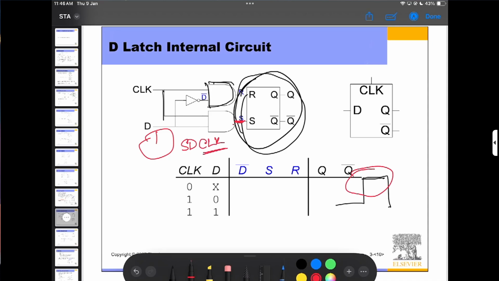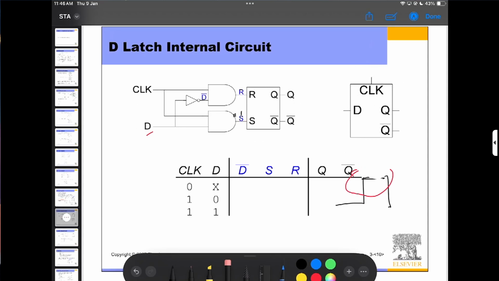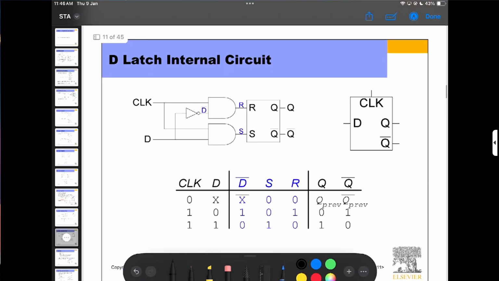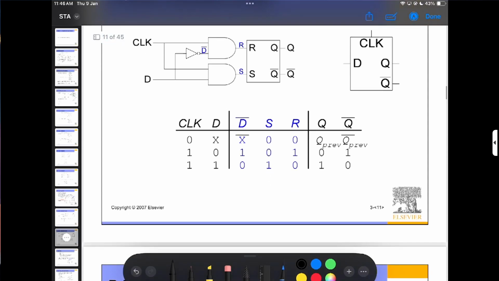So only if my clock is high, D goes to here and D bar goes to here. So that's the D latch internal circuit. Here you can see what I already told: clock 0 and D, nothing but then X bar, something like that.